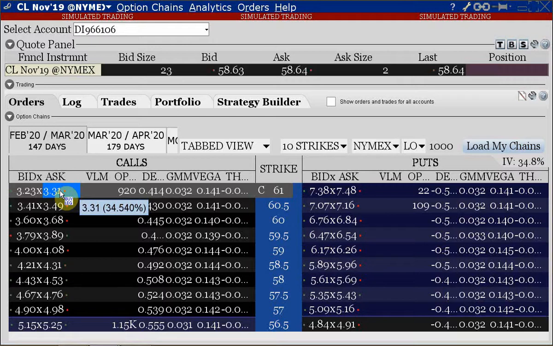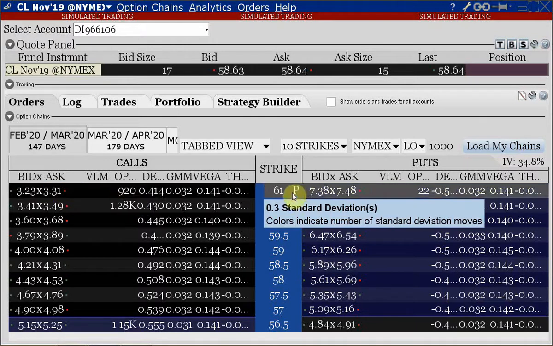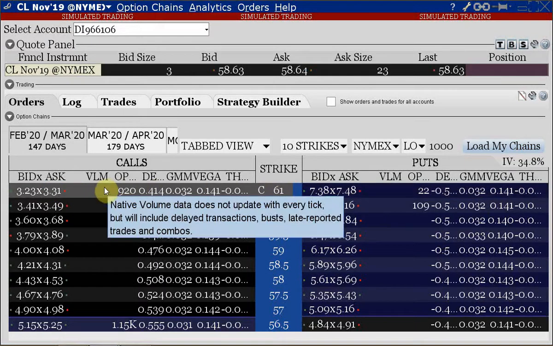Like the 61 call right now is out of the money. Is everyone clear? If you buy the option and immediately exercise it, you will incur an actual loss, a negative.